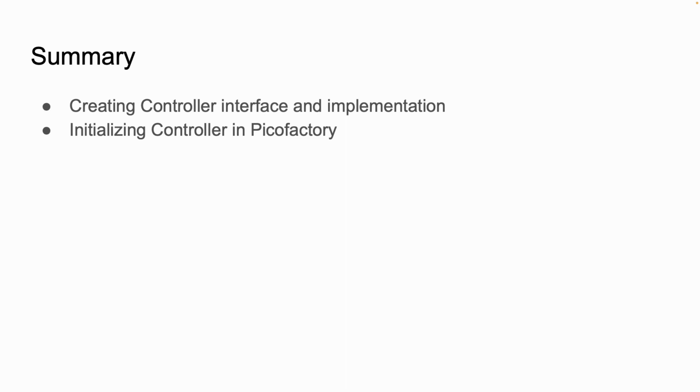And we also learned how to initialize these controllers in the Pico factory. I think I would add one more thing, which is we also remember how to add dependencies into our POM file.